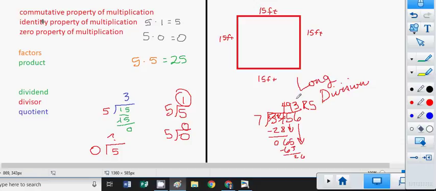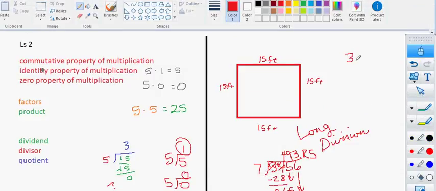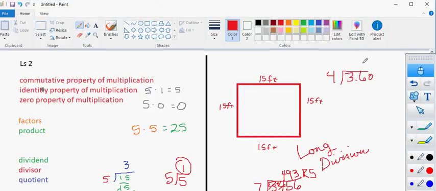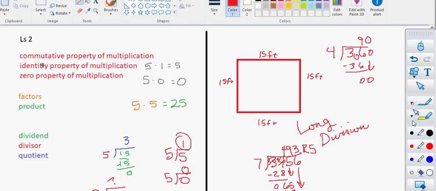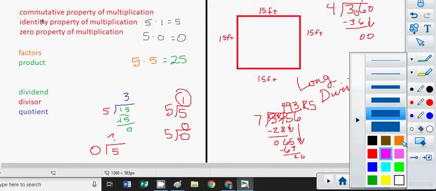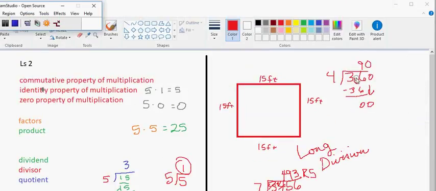When dividing dollars and cents, cents will be included in the answer. What if we have $3.60 and I'm asking how many times can I divide 4 into that? 4 doesn't fit in 3, but it does fit in 36, 9 times evenly. Now what's going to happen with that decimal point right here? Well, with division, your decimal simply raises up. It's pretty simple. You can do it even before you get started.